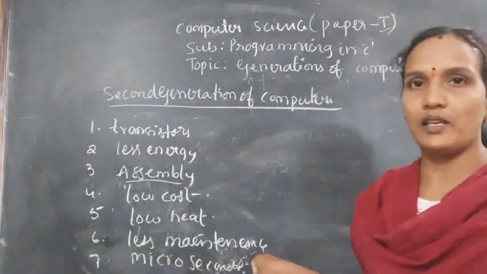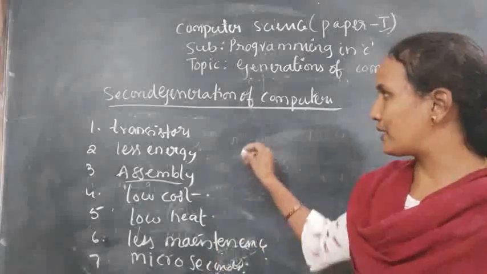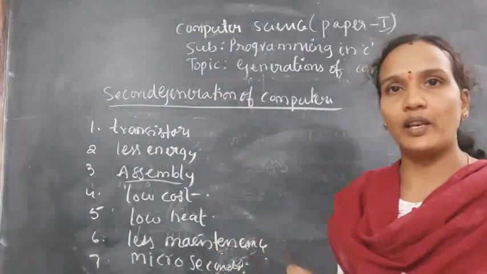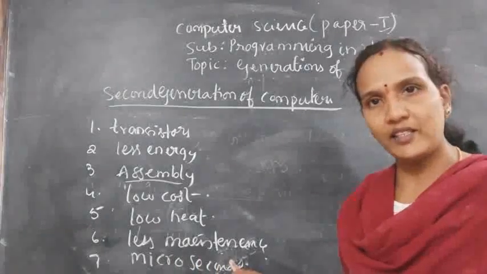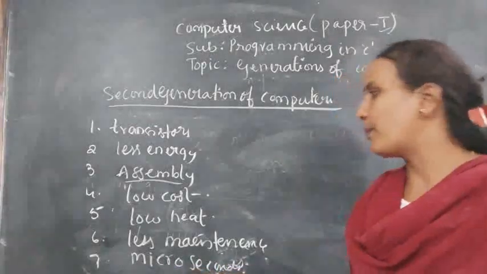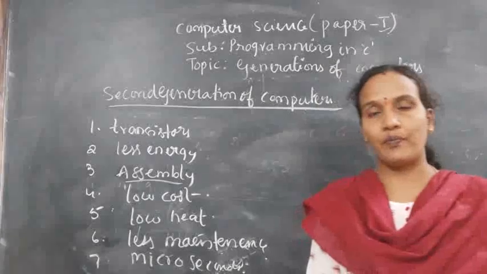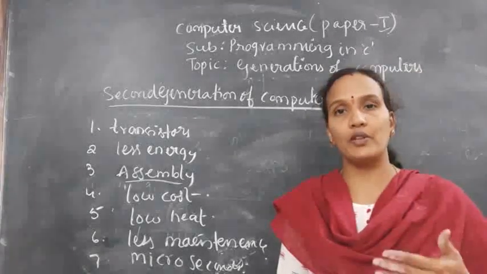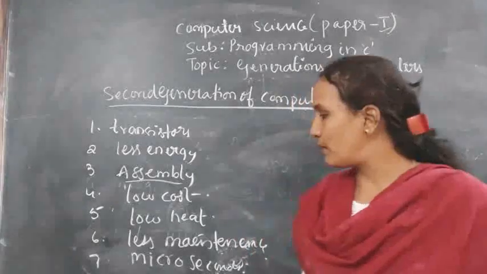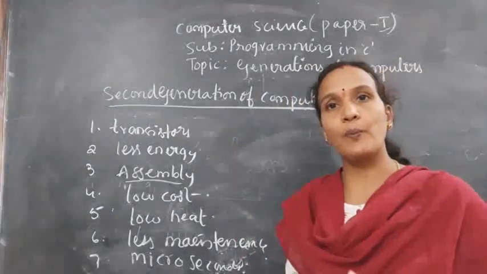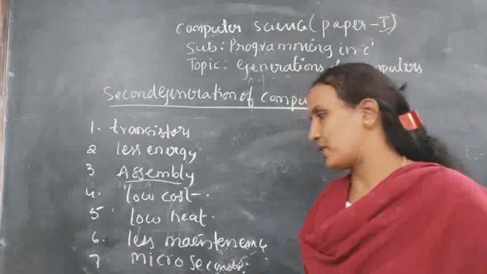Next, less maintenance. Transistor failure is very rare compared to vacuum tubes, so it required less maintenance. The next one is microseconds. In the first generation, computers performed calculations in milliseconds, but here computers perform calculations in microseconds.